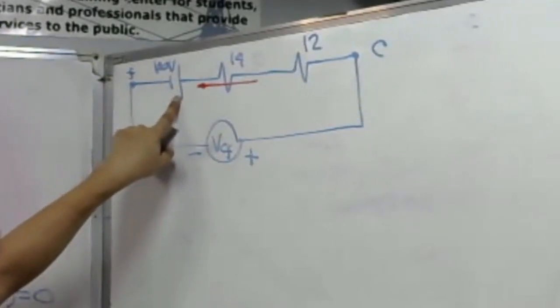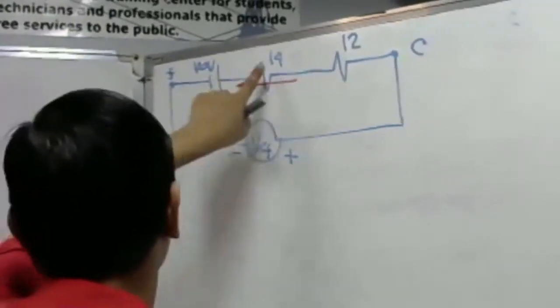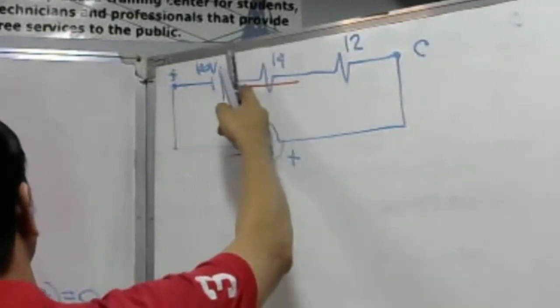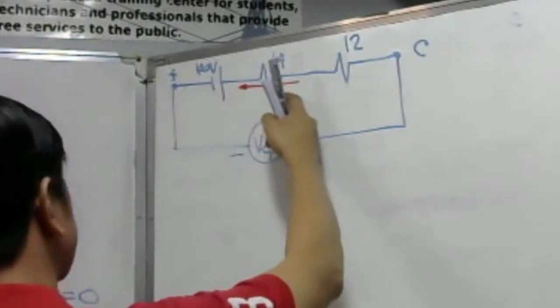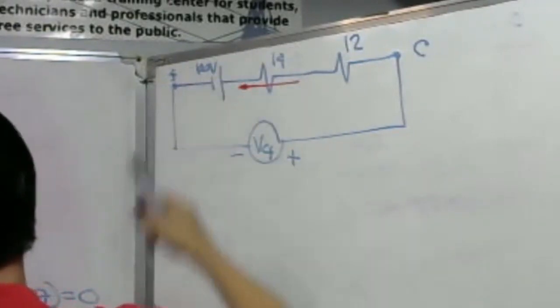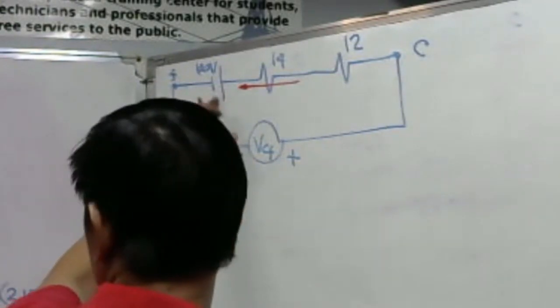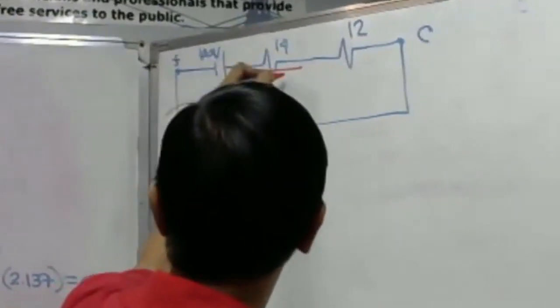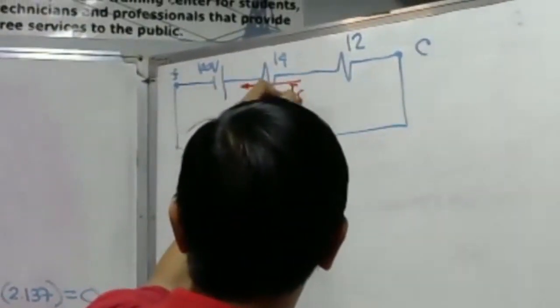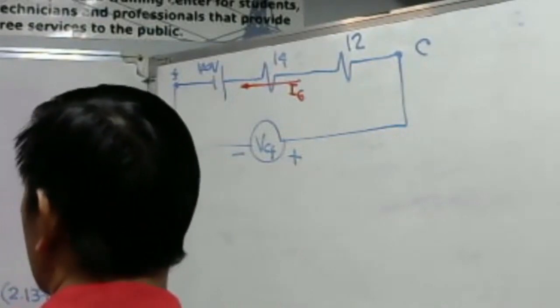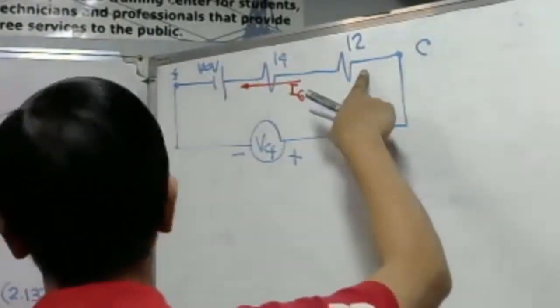Okay? So this is the 14 ohm resistor, and this is our I sub 6 pointing at the positive terminal of 100 volts. Then in our 12 ohm resistor, there is a current flowing.